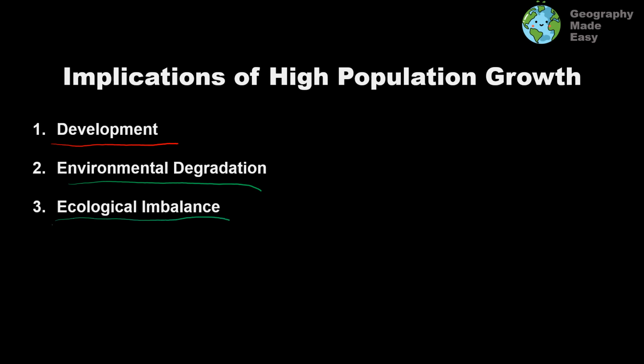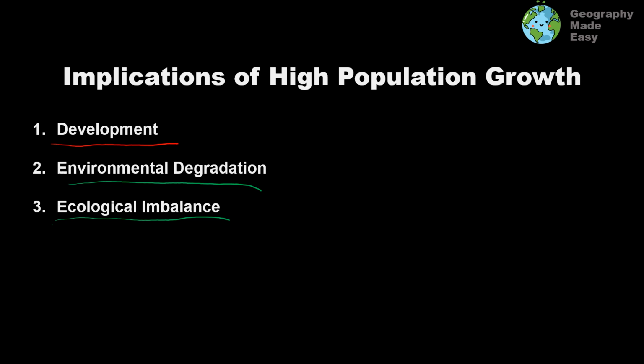The ecology is in a state of balance between humans, non-humans, plants, animals, and all the other creatures living on the earth. That gets disrupted if there are too many human beings in that area. We have seen a lot of this degradation taking place when we are trying to make the maximum use of a particular natural resource available to us.